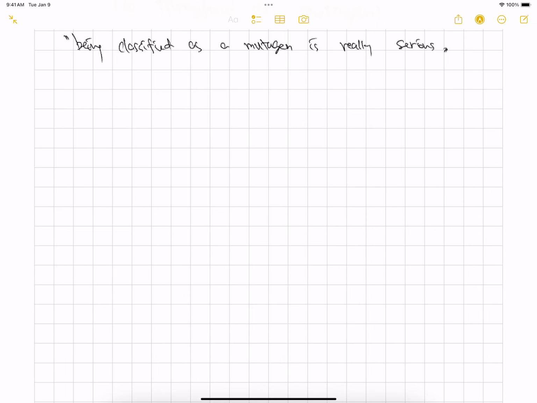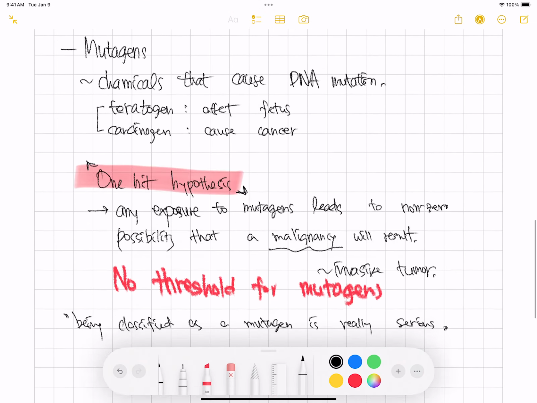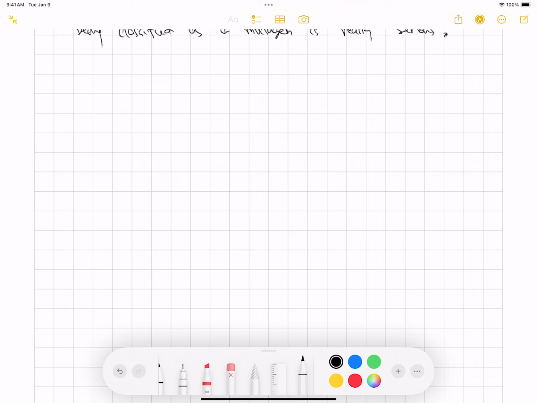So the next topic is 2.1.3, toxicity testing. Typically, toxicity testing is done on animals, not on humans. There are two different types of experiments done on animals.